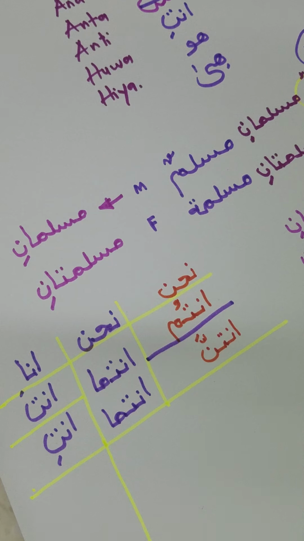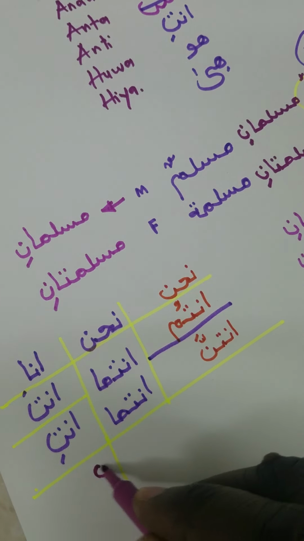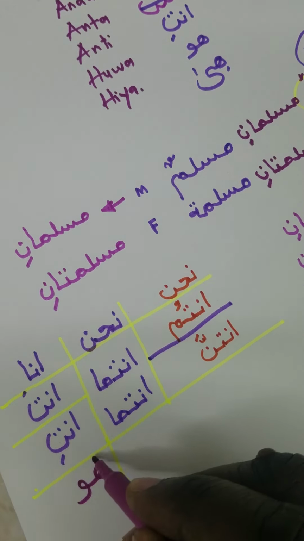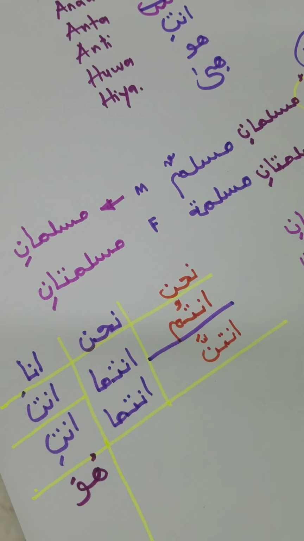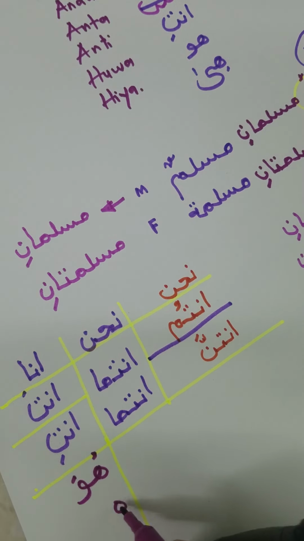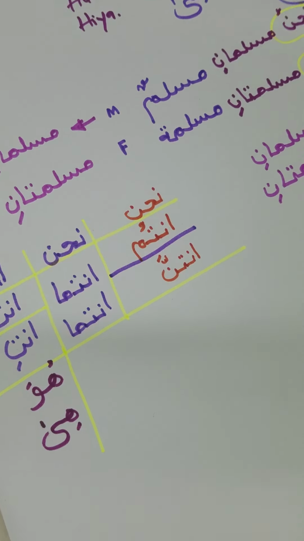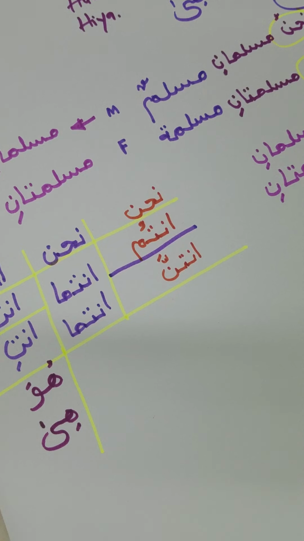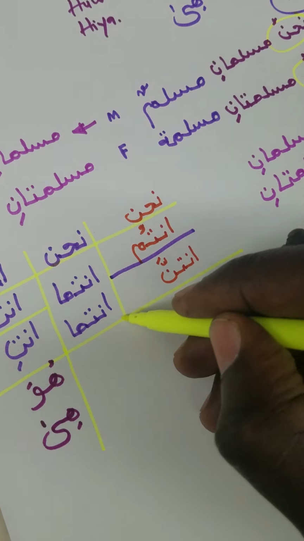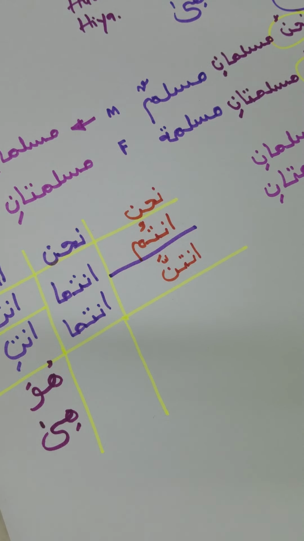I hope you remember huwa. And for the female, we had hiya. And we said, when it comes to duo, these two will not change. In the duo, both will be humma.